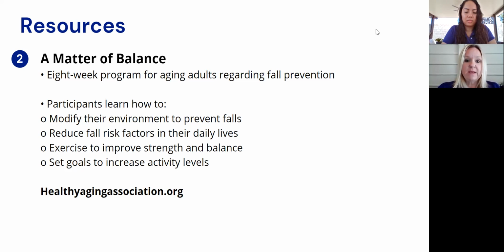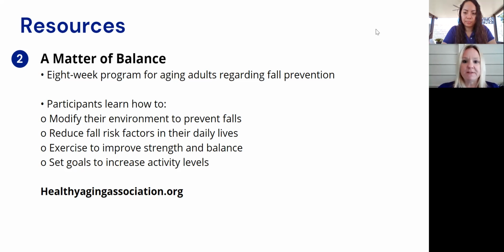So just waking up in the morning, they'll understand the importance of taking their time to get out of bed, using additional supports if they have balance difficulties. They'll learn all the different ways that they can go through their day and minimize their fall risk. They'll also learn how to exercise to improve their strength and balance. When the body is weak, it's more likely to be a fall risk because you're unstable.